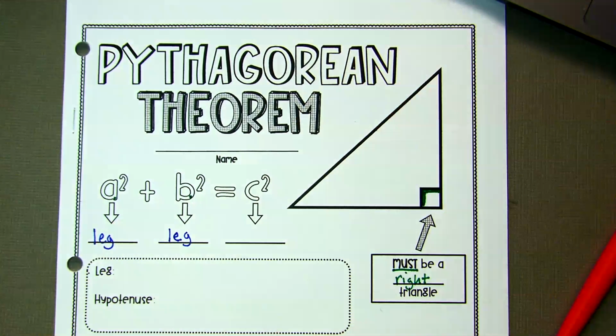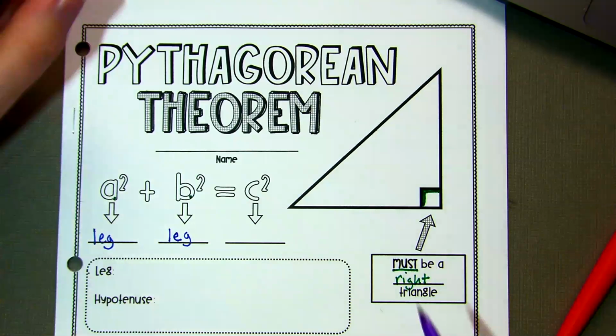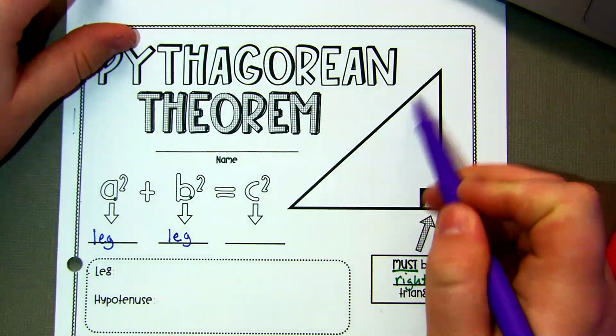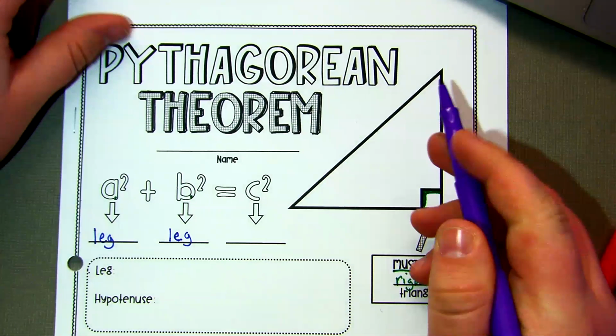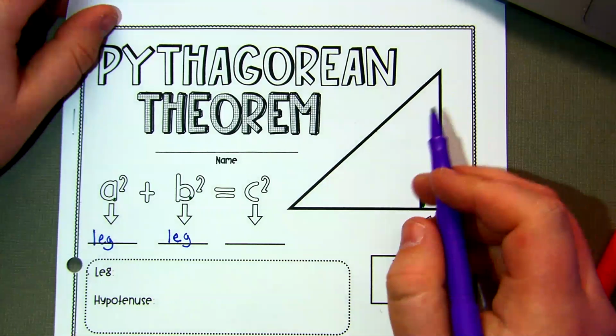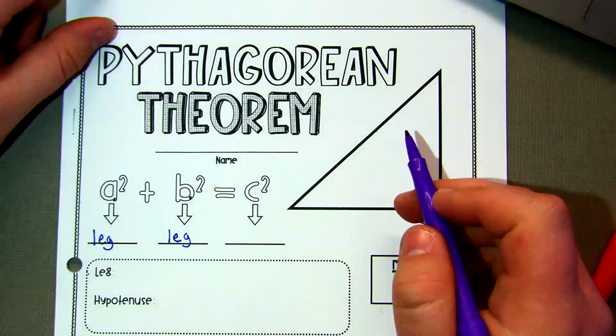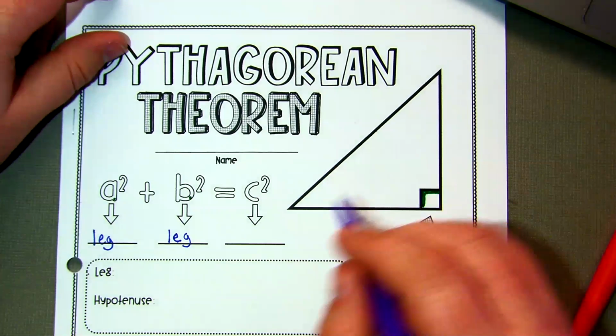We have a different name for C though. Does anyone remember what we call C? That would be our longer side right here. Feel free to message it in the chat or shout it out. The hypotenuse. Very nice, Caden. Thank you.